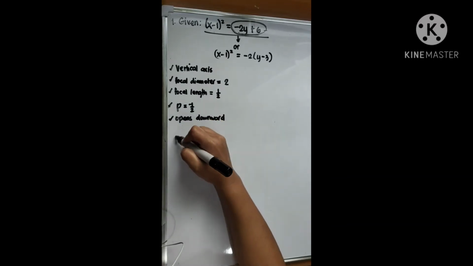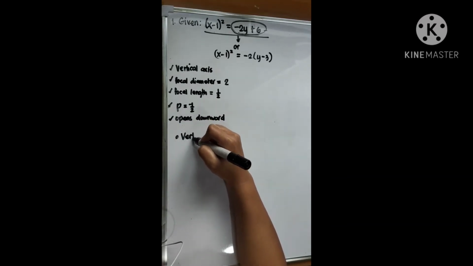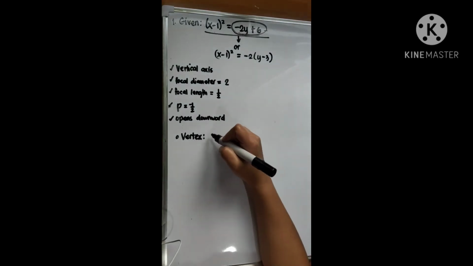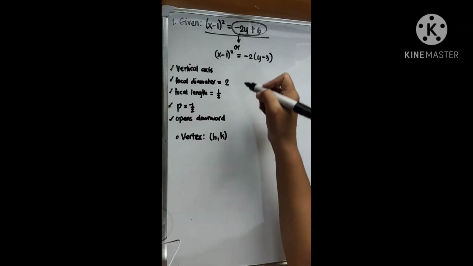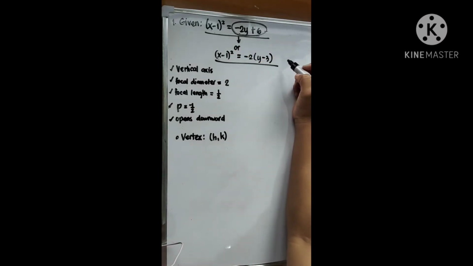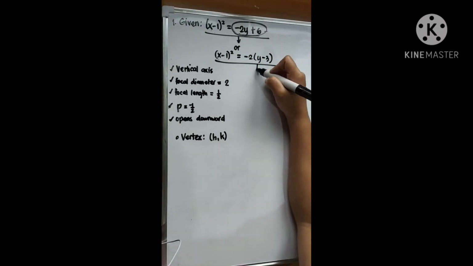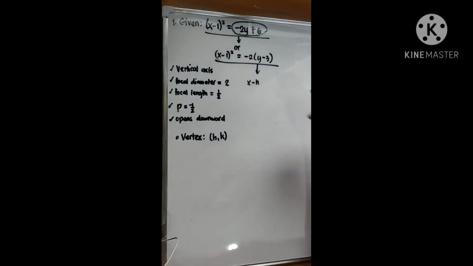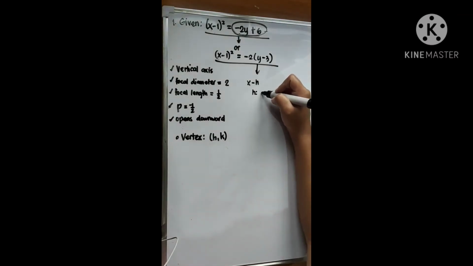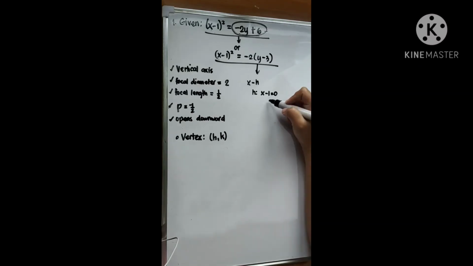So now we are going to solve for its vertex. The vertex has the coordinates (h, k), and h and k can be solved from the equation of our parabola itself. So x minus 1 is equal to x minus h. To solve for h, we will equate x minus 1 to 0. So x is equal to 1.